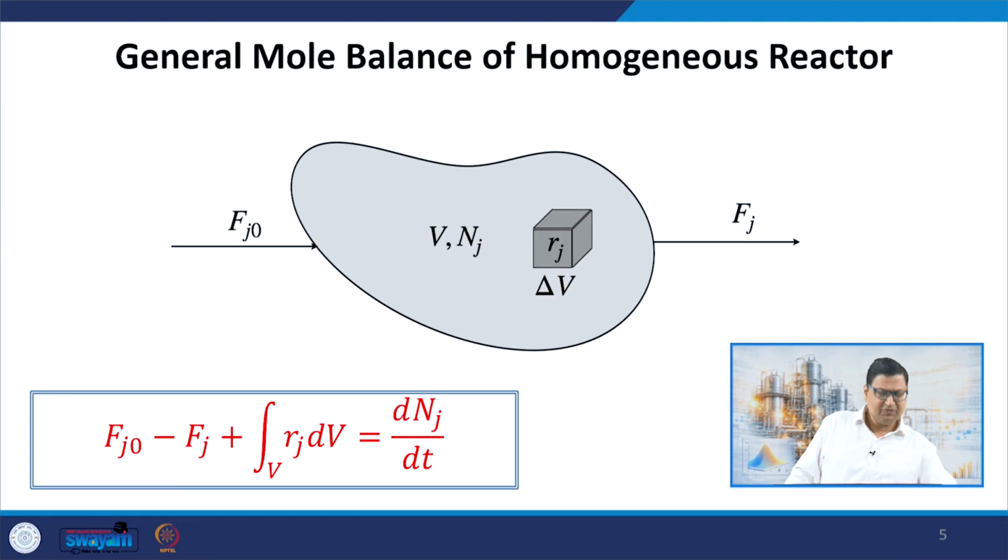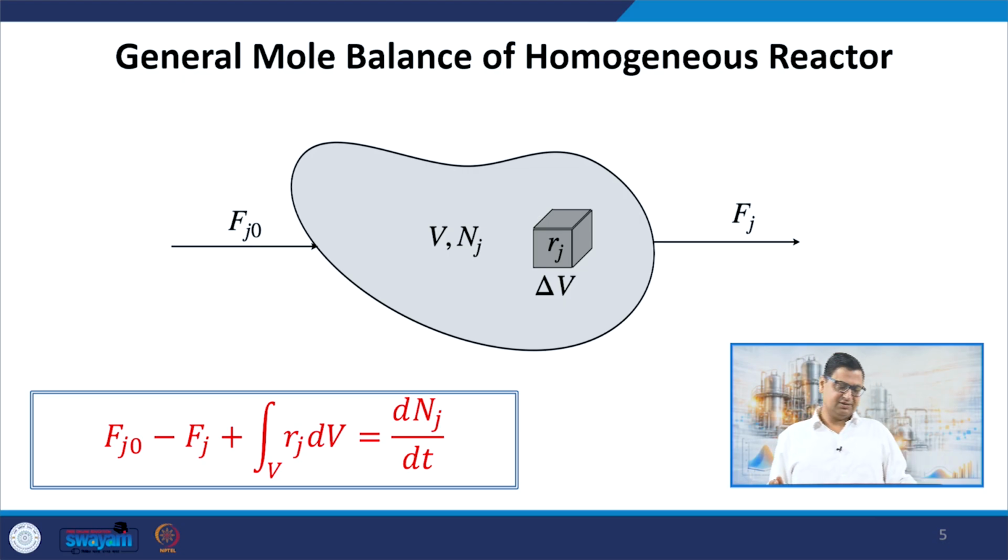Okay. So, to begin with designing these reactors, the very first idea that we always use is the mole balance on these reactors. And the mole balance can be performed irrespective of the geometry, for any shape of the reactor, in the following way.